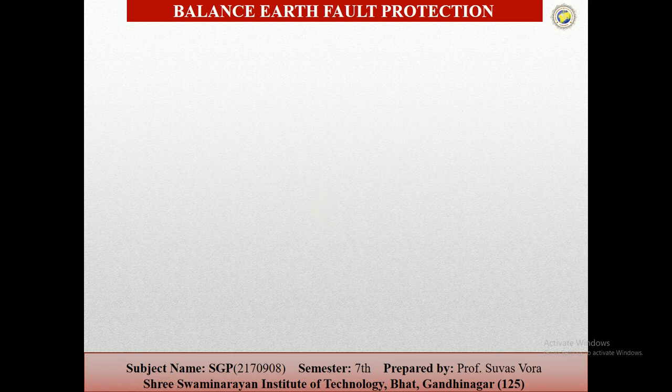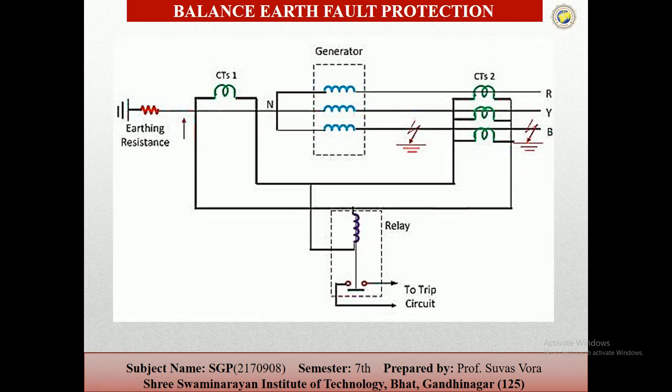Now the balanced earth fault protection system. In the earth fault protection system, जैसे आगे हमने देखा कि दो सीटीज़ होंगी, अगर अर्थ फॉल्ट होगा यानी कि इंटरनल अर्थ फॉल्ट यानी कि फेज टू अर्थ फॉल्ट होता है, तब जो रिले कॉइल है वो एनर्जाइज हो जाएगी and this plunger is close to the circuit and gives the signal to the circuit breaker to trip the circuits.